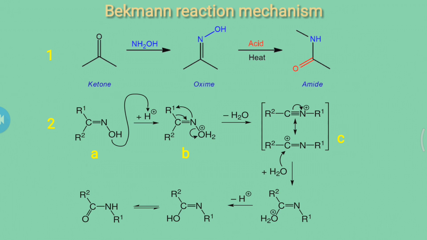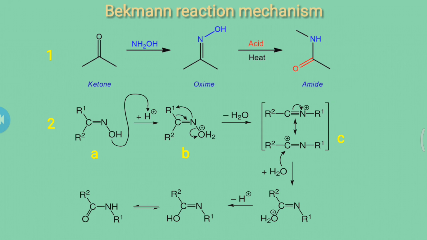Now the Beckmann reaction mechanism. First, the Beckmann reaction converts a ketone to an amide through an oxime intermediate. Second, the oxime reacts with an acid to form an oxonium ion. In the oxonium ion, R1 migrates to N, opposite to the leaving group OH2.